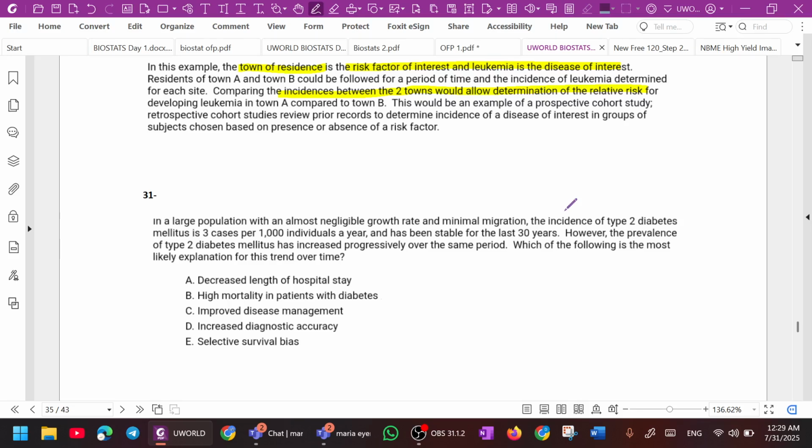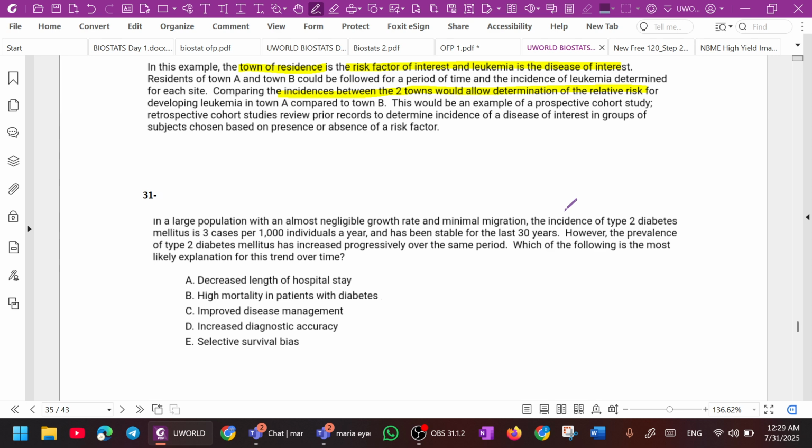Okay. In a large population with almost negligible growth rate and minimal migration, the incidence of type 2 diabetes mellitus is 3 cases per 1,000 individuals a year and has been stable for the last 30 years.